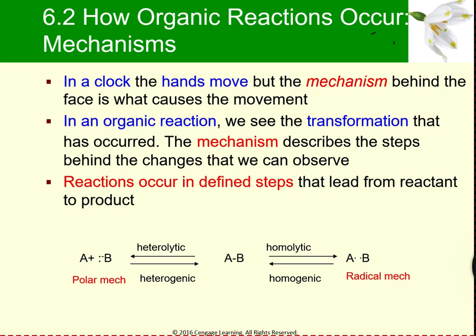Organic reactions mean the change of molecules from the reactant to the product. Change of a reactant to the product includes transformation of the reactant molecules into the product molecules.